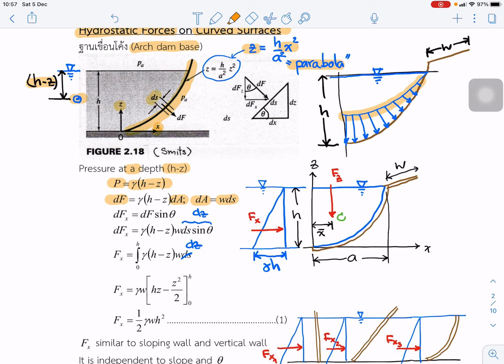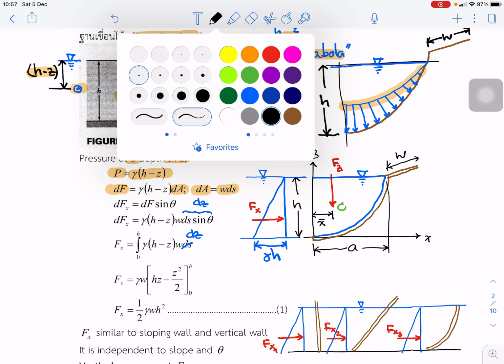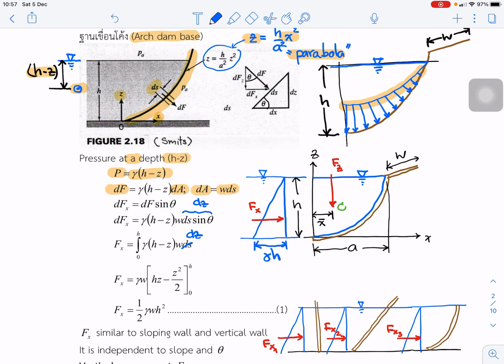And for dz, dx, in this case we can separate dF into dFx and dFz.